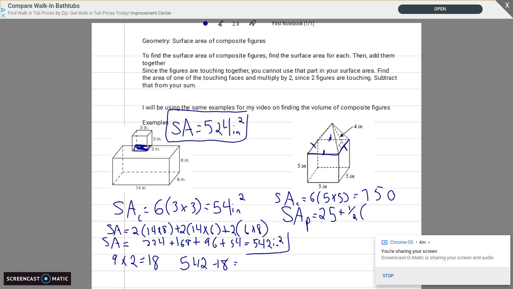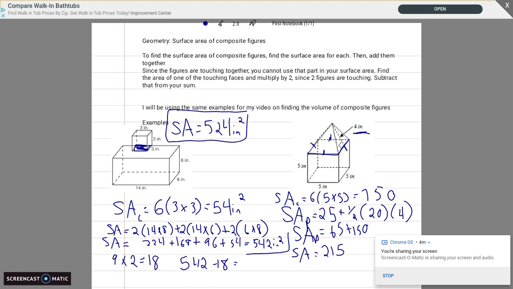So 5 plus 5 plus 5 plus 5 gives me 20, times my slant height, which they gave me right here as 4. When I evaluate all of this for the pyramid, I get a surface area of 65. And when I add that to 150, I get a total surface area of 215.